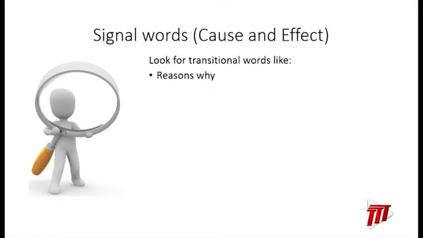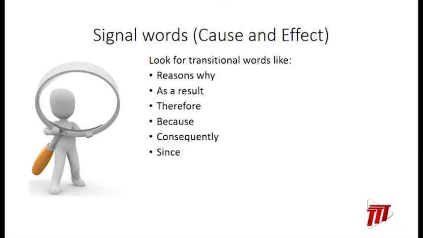Before we do that, of course, we're looking for signal words that we can use to recognize that this is a cause and effect internal text structure. We're looking for words like reasons why, as a result, therefore, because, consequently, since, so that, for, due to, this led to.